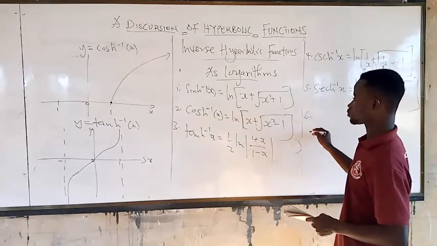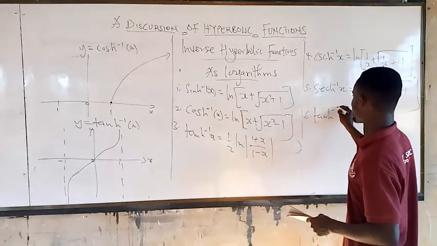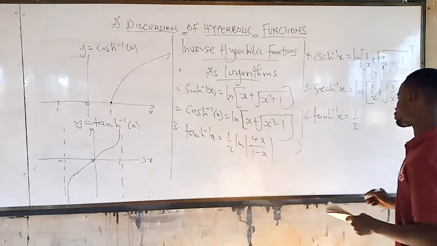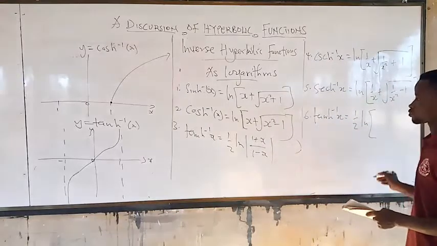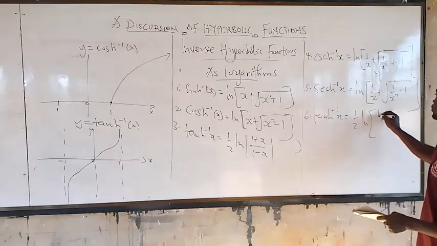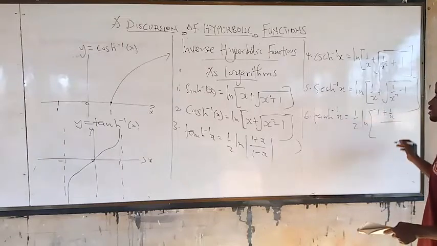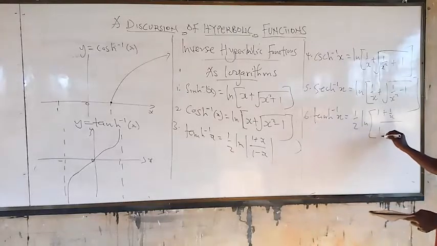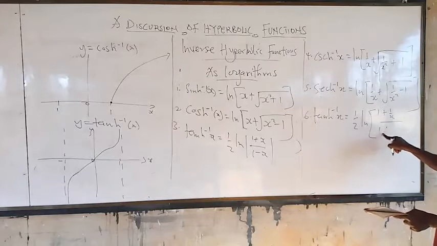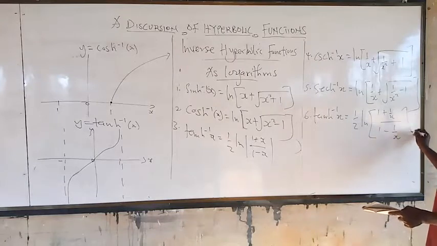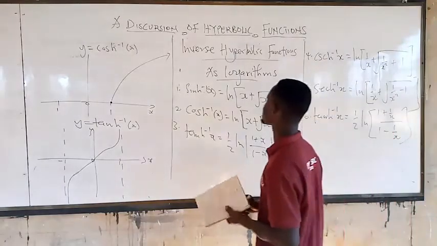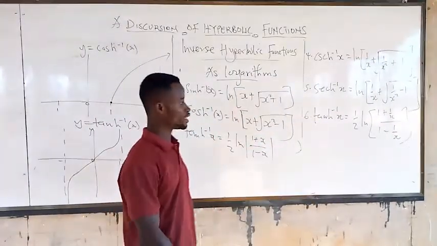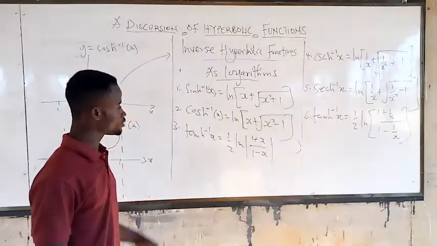And the 6th one is coth inverse of s, and that's going to be half ln of (1 plus 1 over s) over (1 minus 1 over s). It's like the angle, you'll be taking its reciprocal. Most of the books will not give this to you, but you need it, alright? That is how you are going to get it.